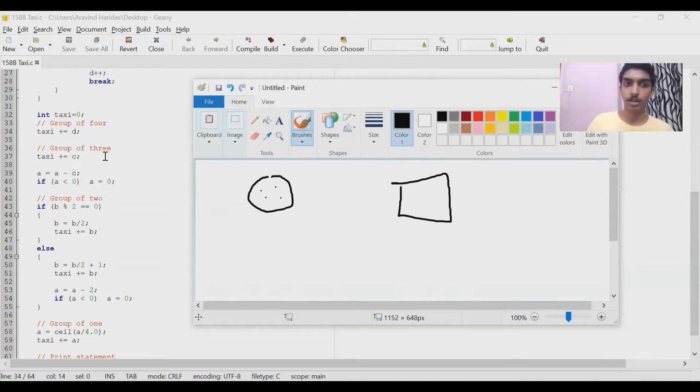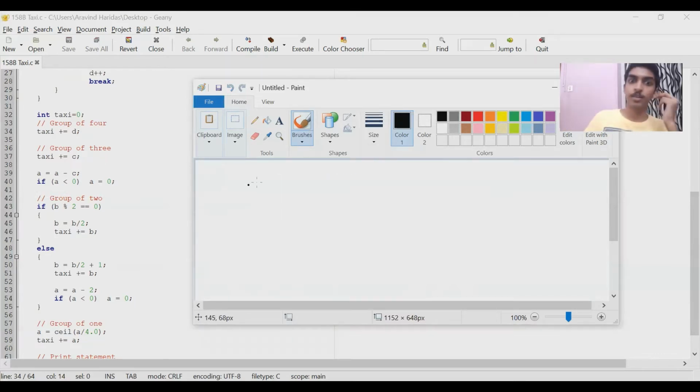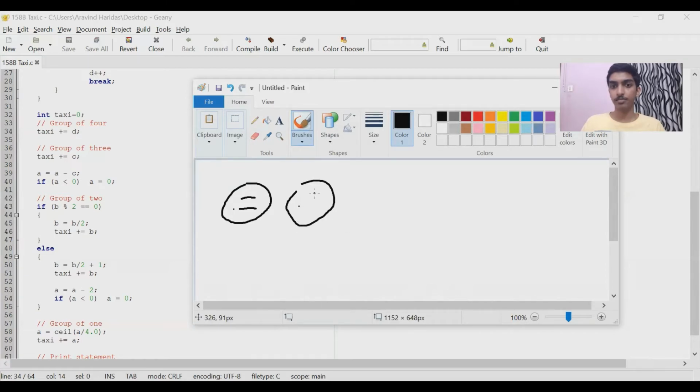Now, I hope you understood till here. So now we will look at groups of 3. If there are C groups of 3, there needs to be C taxis because each group needs their own taxi.